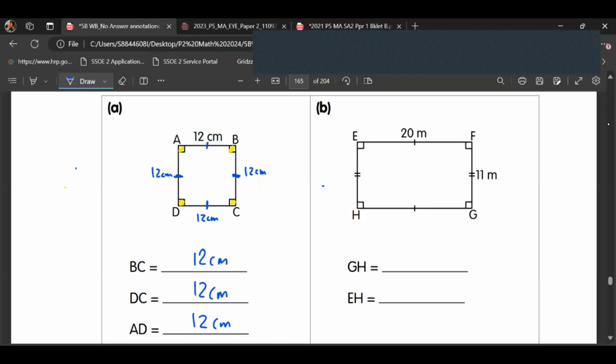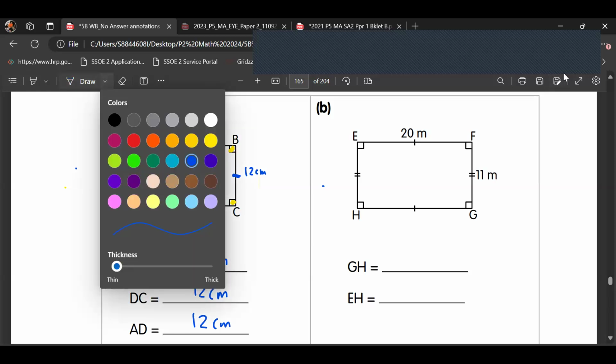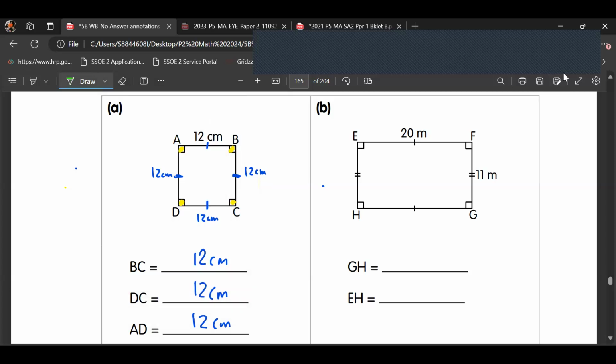Now, the other properties that you can mention in this square, right at the side, using a different color. Let me use green color. All sides are equal, four right angles. You will also notice that AB is parallel to DC.